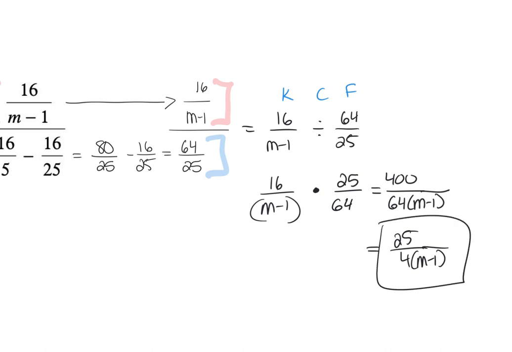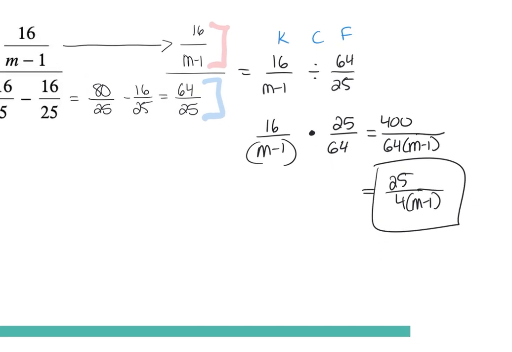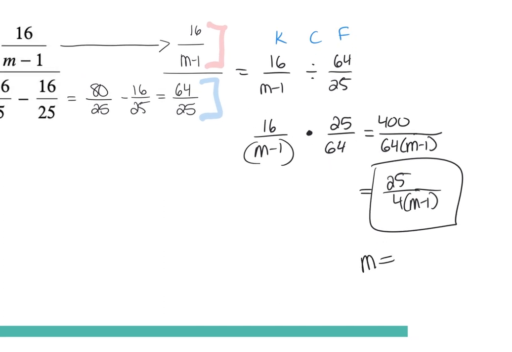Our restriction. What's our restriction? This time we have m as our variable, not x. So m can't be... Look at your denominators. M minus 1 is in a denominator. So it cannot be 1. Good.